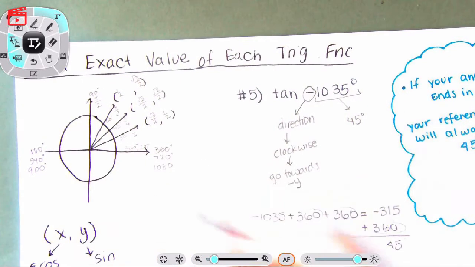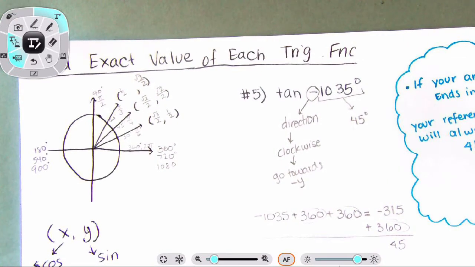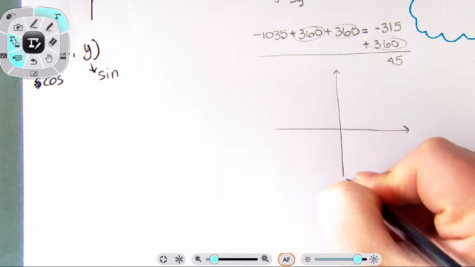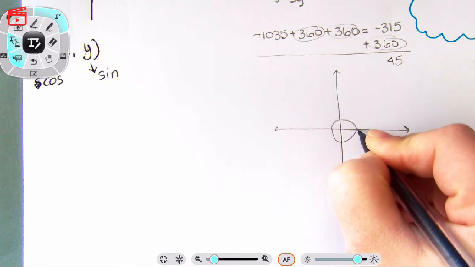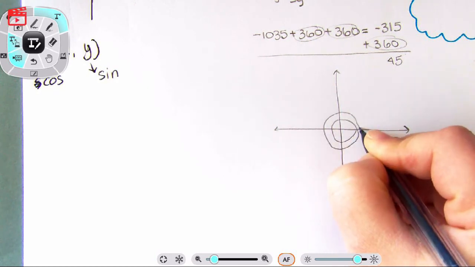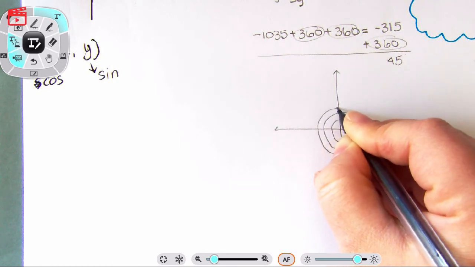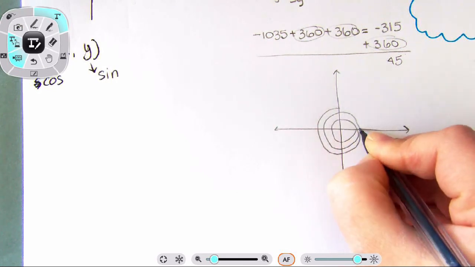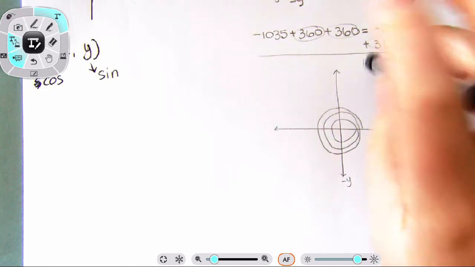So then I'm here. I'm going to draw this out for you. Negative means we're going towards the negative y side. So I'm going once, that's 360 in the negative direction. Twice, 360 in the negative direction. Thrice, 360 in the negative direction. And let me back up a little bit.